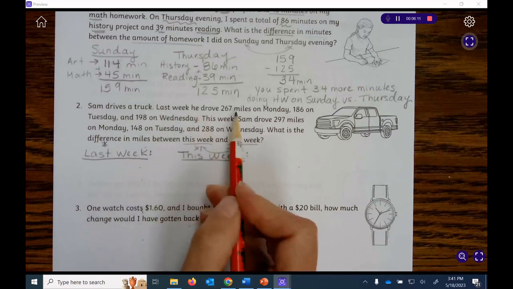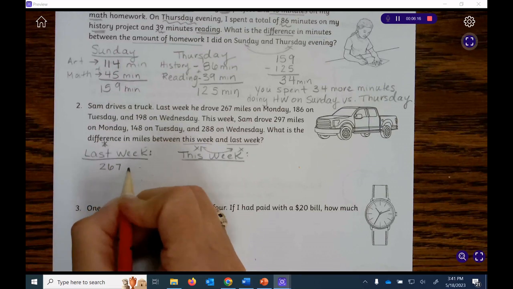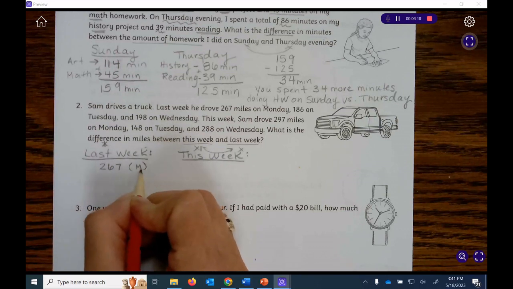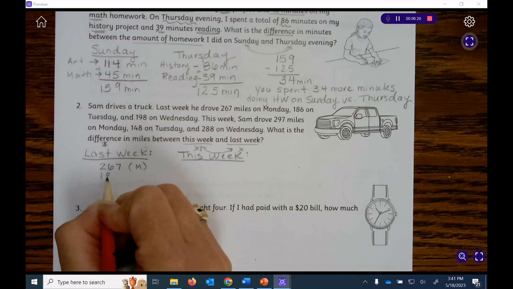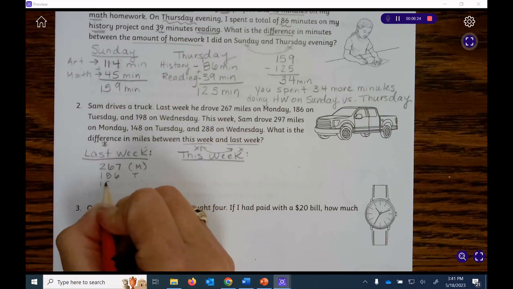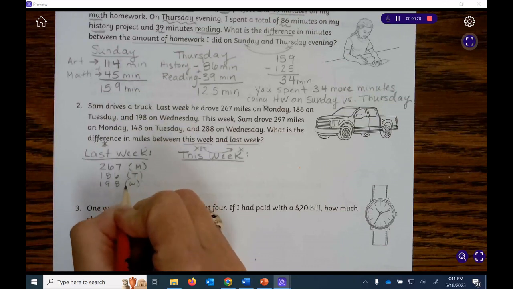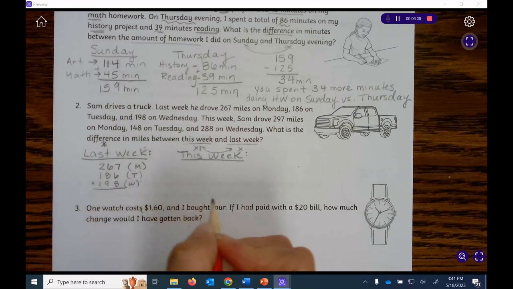Last week he drove 267 miles, that's on Monday, 186 miles on Tuesday, 198 miles on Wednesday. So we're going to have to add those up.